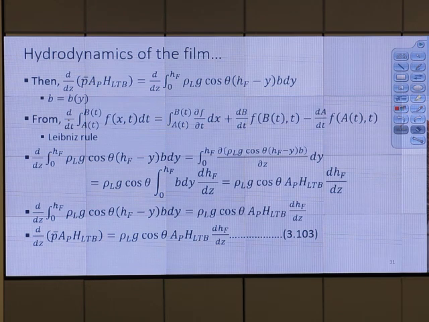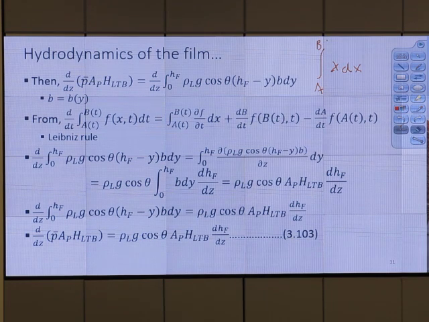Yes. Okay, I think I have an explanation for you. Have you ever integrated something with dx? You have done that, right? So the limit of integration, if this is from a to b, you can do that, right?